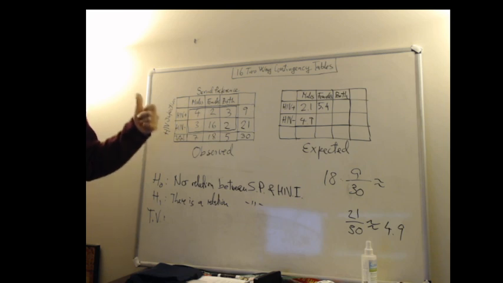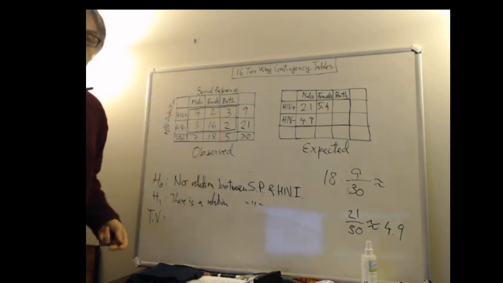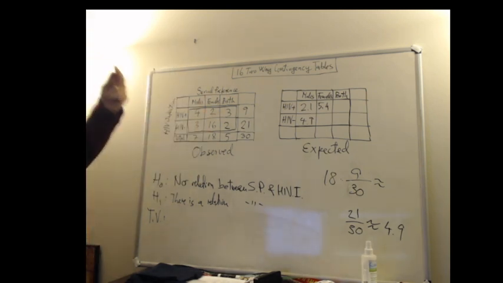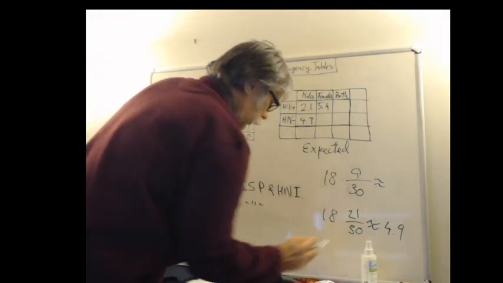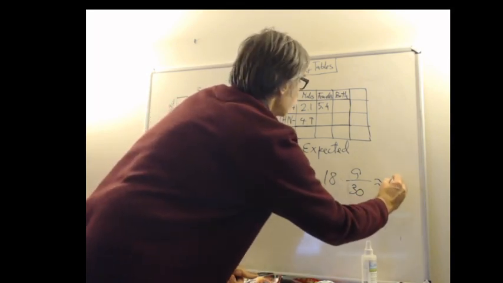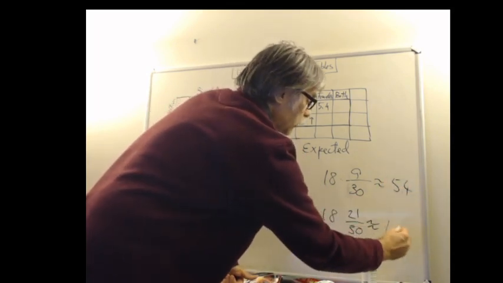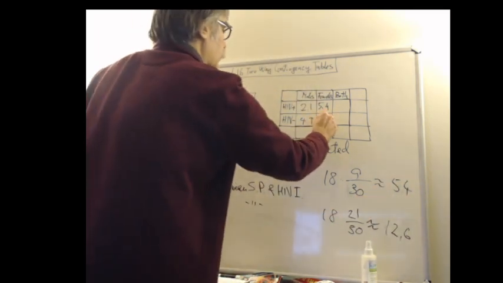So I should have 70% of them HIV negative, if there is no relation between sexual preference and test result, positive or negative. Now you calculate that. This one is 5.4, and here you come up with 12.6. So it goes here.